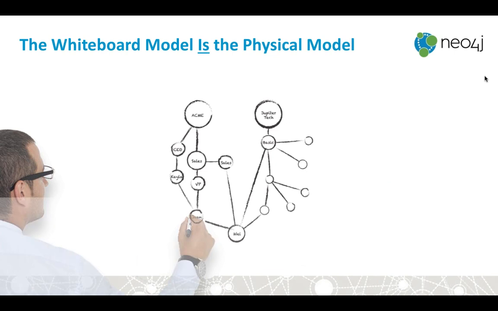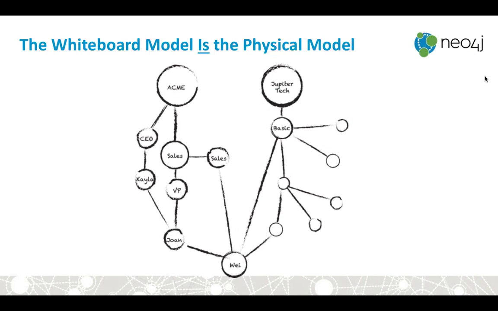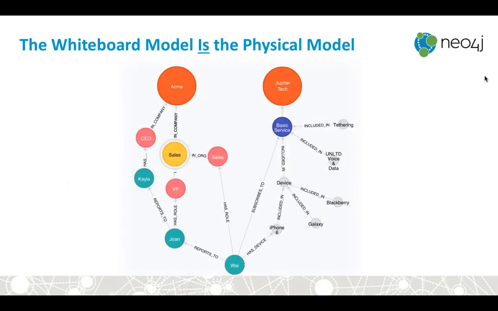So modeling as a graph. The whiteboard model is something that most people start off with as they're designing their databases. They talk about what are the different objects, and then what are those objects doing, sort of nouns and verbs. In the case of a graph database, though, the whiteboard model is really the physical model.